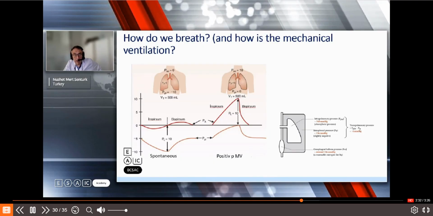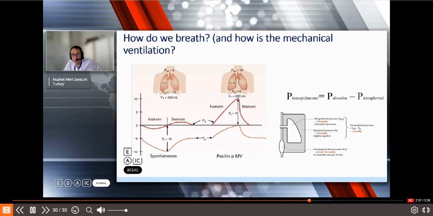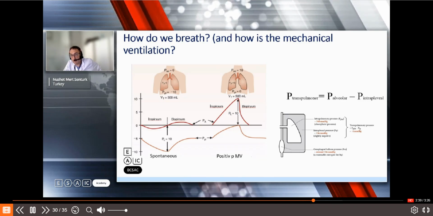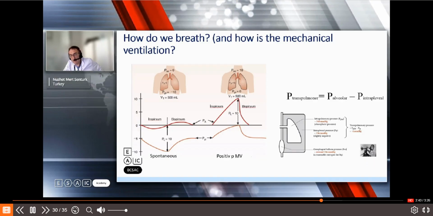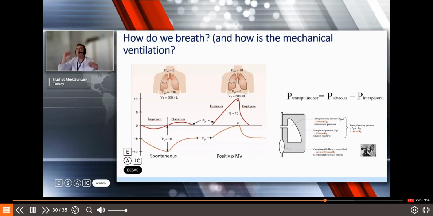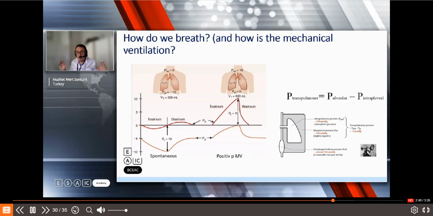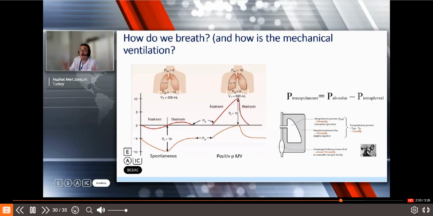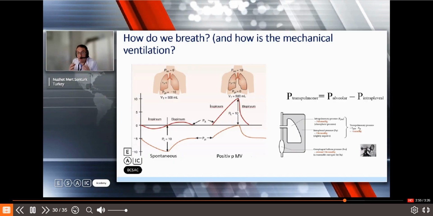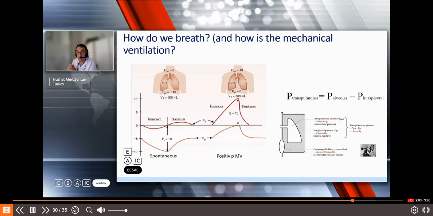Otherwise, the transpulmonary pressure is the gradient between alveolar and intrapleural pressure, and normally you will read about the trumpet. Trumpet players create a huge pressure gradient in the alveoli, and that should also lead to a pneumothorax. Why don't we have any pneumothorax in trumpet players?